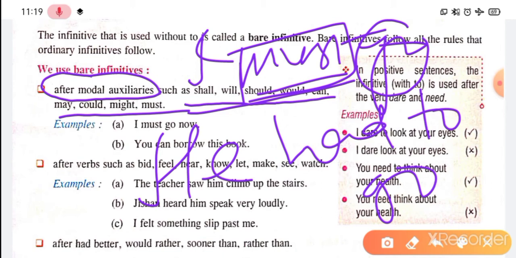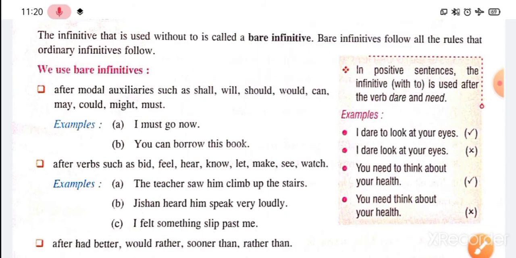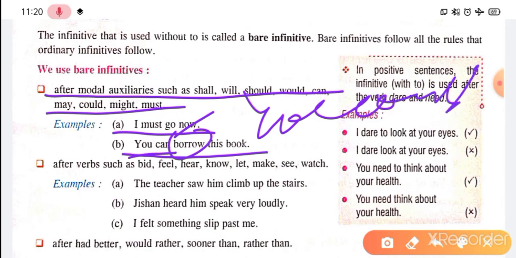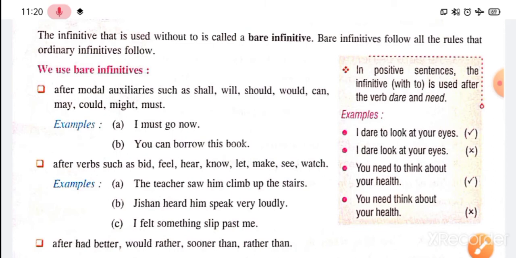So he had to go. Now go is the same, not changed. It became an infinitive instead of a bare infinitive, but the main thing is it is the same. So with modal auxiliaries we use the bare infinitive without to. I must go now. You can borrow this book, can after borrow, right? And if you change the tense, if I change to you could borrow, past tense, then could borrow, borrow is the same first form, right?